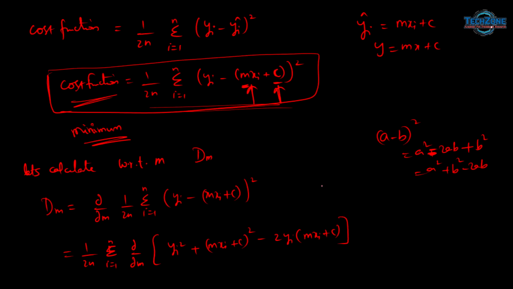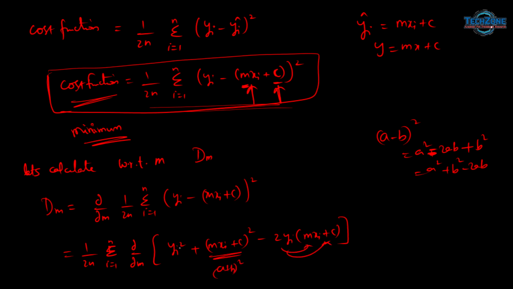After this, what do we have? Partial differentiation with respect to m, i is equal to 1 to n. We have yi square plus m square xi square plus c square plus 2mxic minus 2yi mxi minus 2yic. See, let us go back. I expanded this using a plus b whole square and then multiplied these terms.